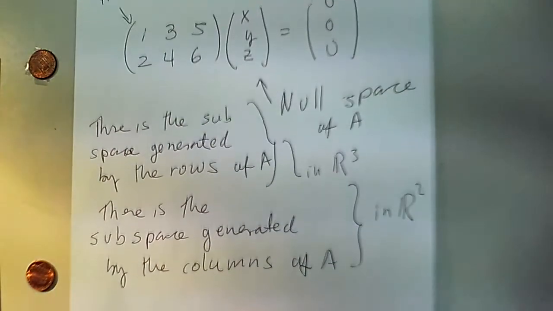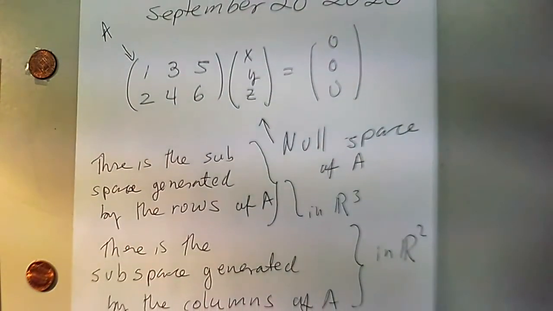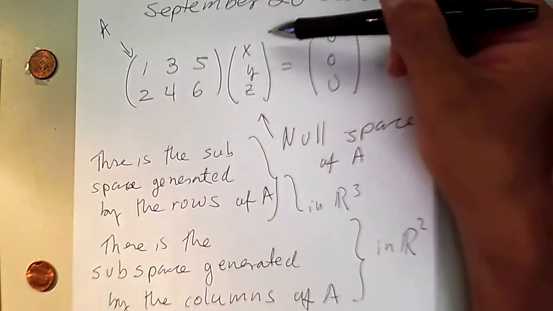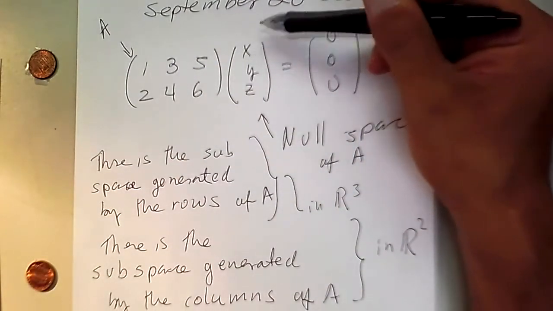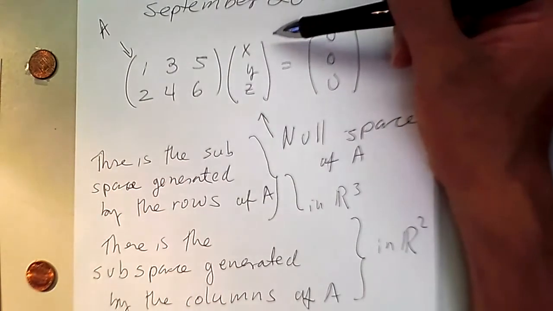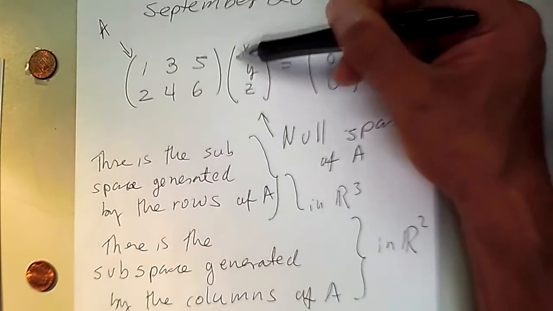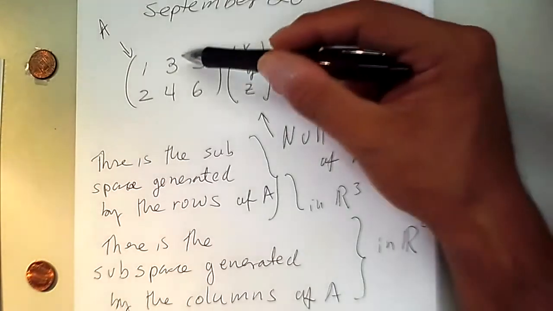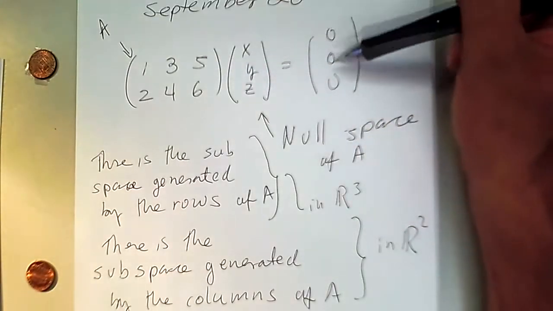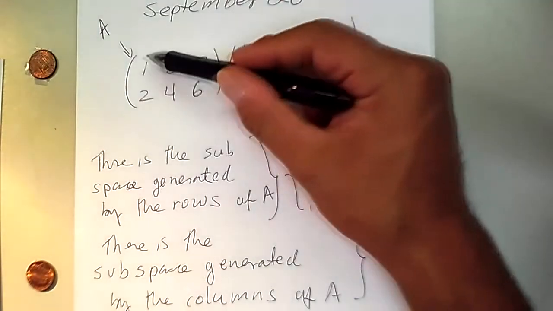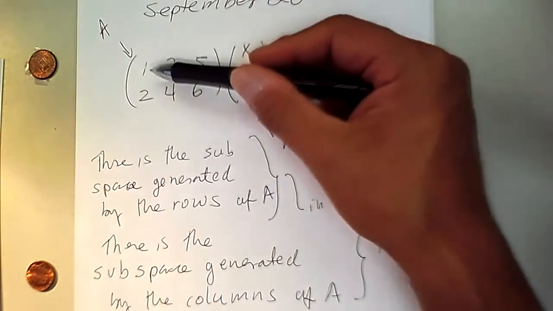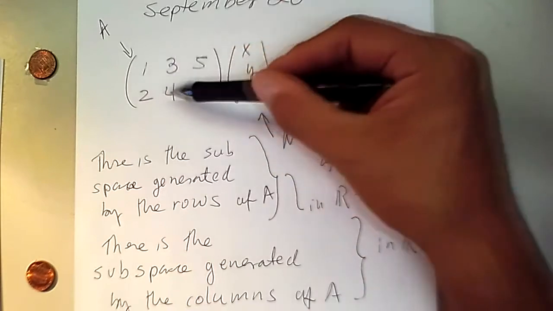There's a few things we have to clarify at this point. So again, sorry if I am repetitive, but it's better to be redundant than not saying things enough times. So we have the space of all the vectors that when we multiply in those two, we end up with 0. There is independently the space generated by all the rows.